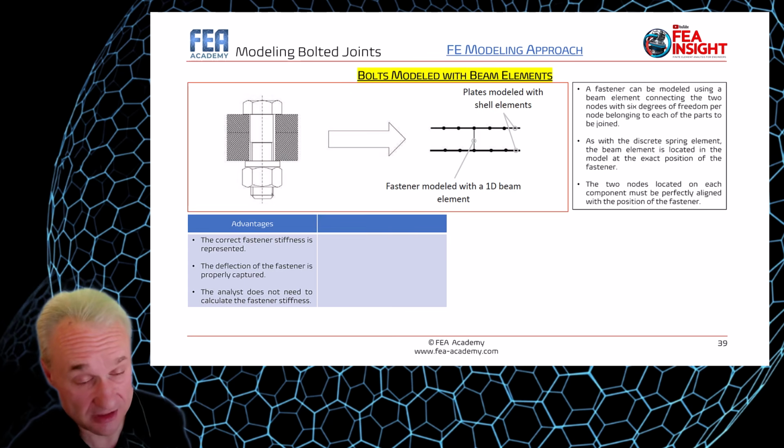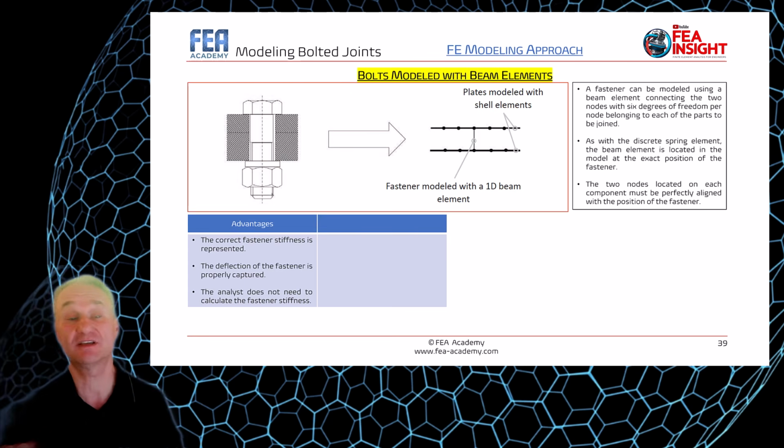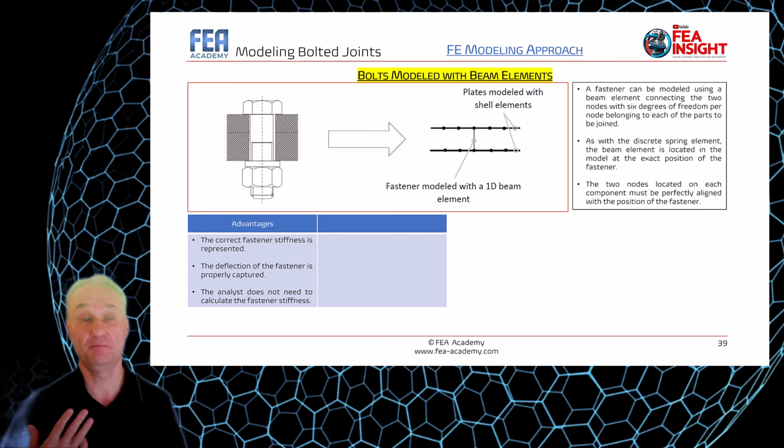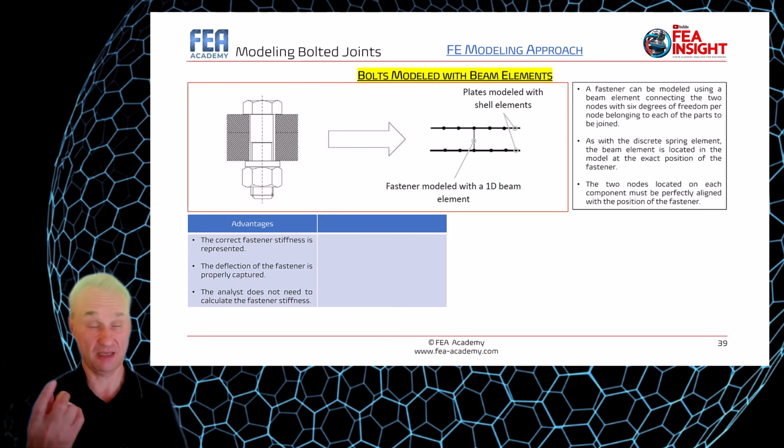The reason is that you model the fastener with the beam element, and the beam element contains all the information to permit the solver to compute the stiffness, because you enter the beam element characteristics: the cross section, the moment of inertia, the material. So the solver is able to calculate the stiffnesses directly.